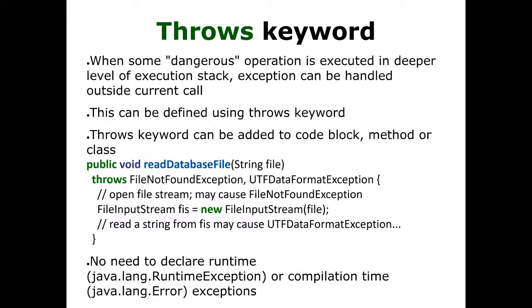And you must define throws statements to point out that an exception can actually happen. That can be defined using the throws keyword, as you know. So you have the method, then at the end of the method declaration you can add throws and the class which can be thrown there. So the throws keyword can be added to a method or class.